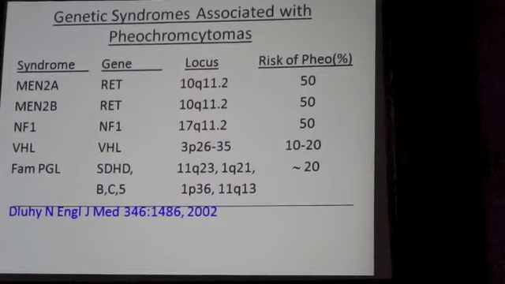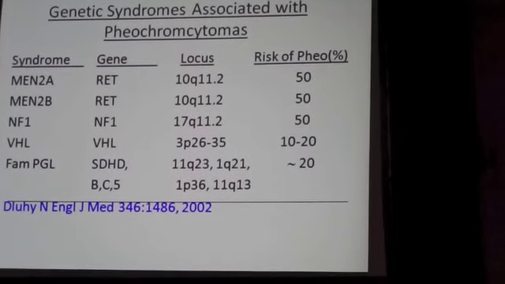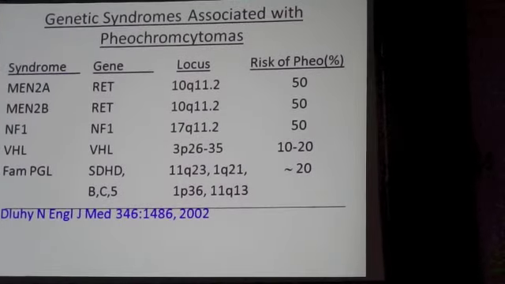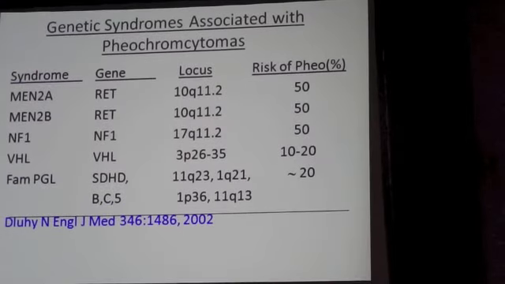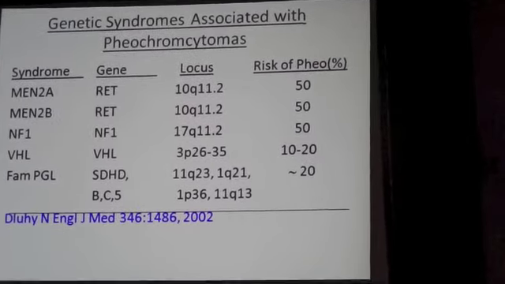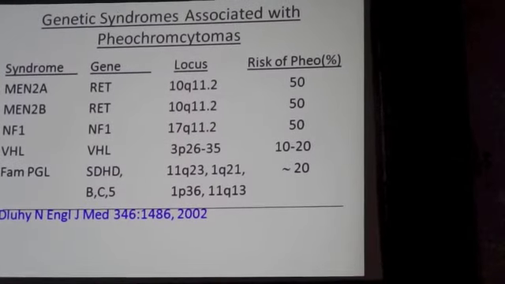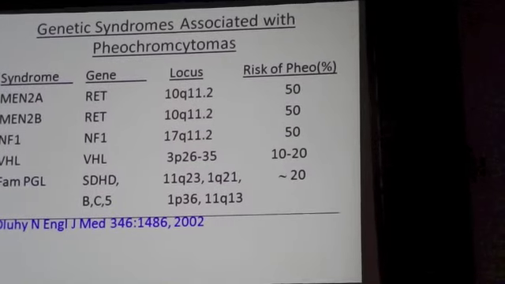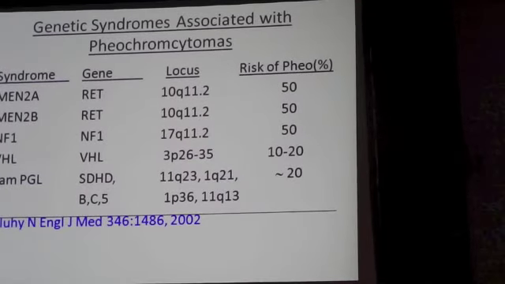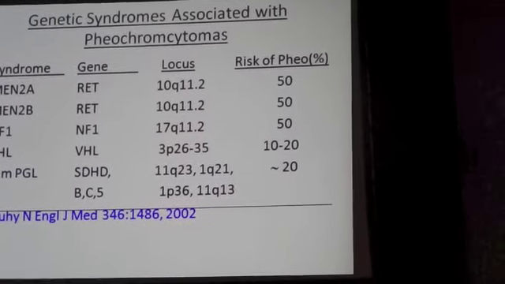To give you a broad perspective of these abnormalities affecting the adrenal, in this slide you can see MEN2A and 2B, where we often have pheochromocytomas in half of the patients. Neurofibromatosis 1 also has bilateral disease, and a smaller percentage of patients with von Hippel-Lindau disease.